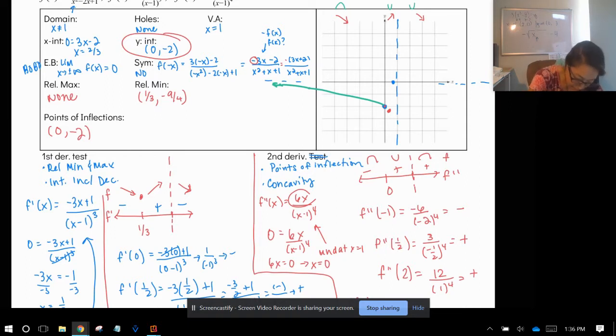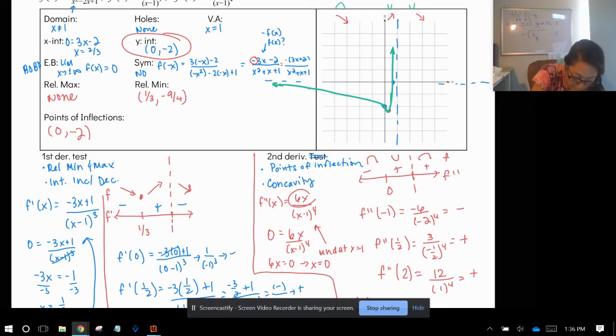And then when I get to 0, we change to concave up. It gets close to the asymptote. Oh, it is right here where it starts increasing, at 1/3.